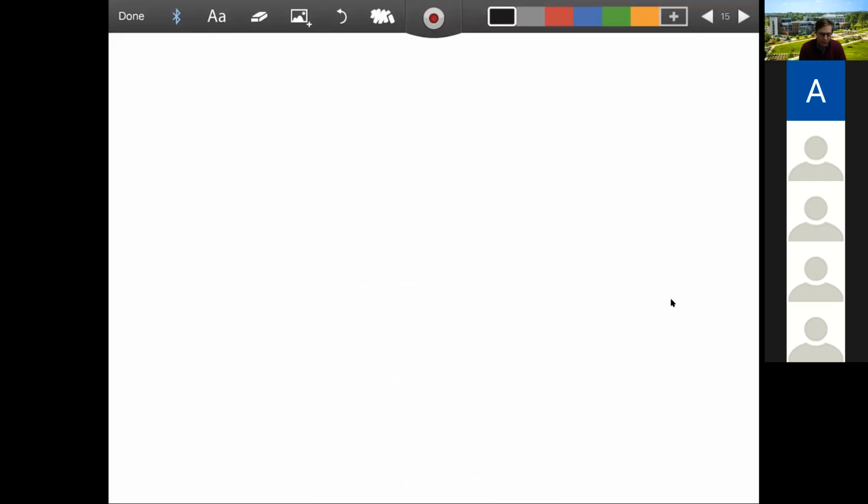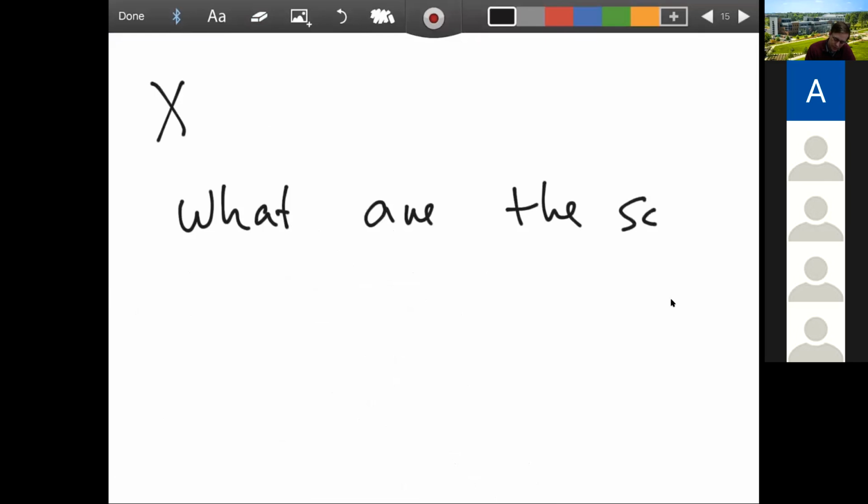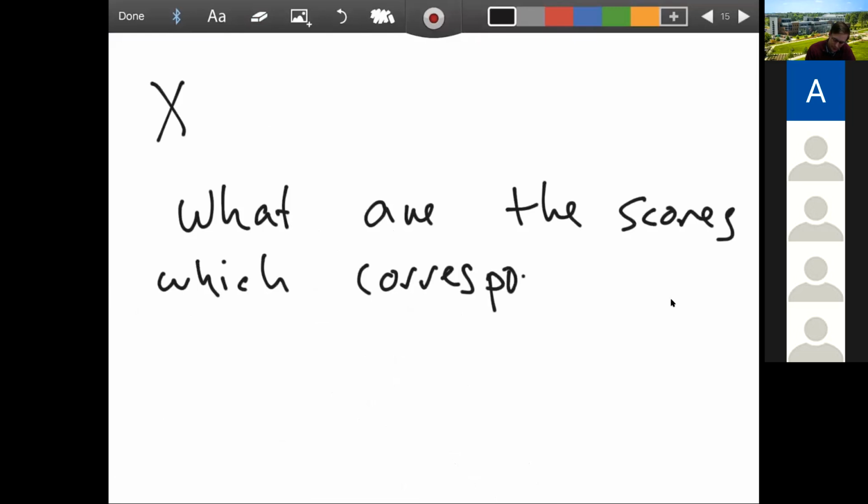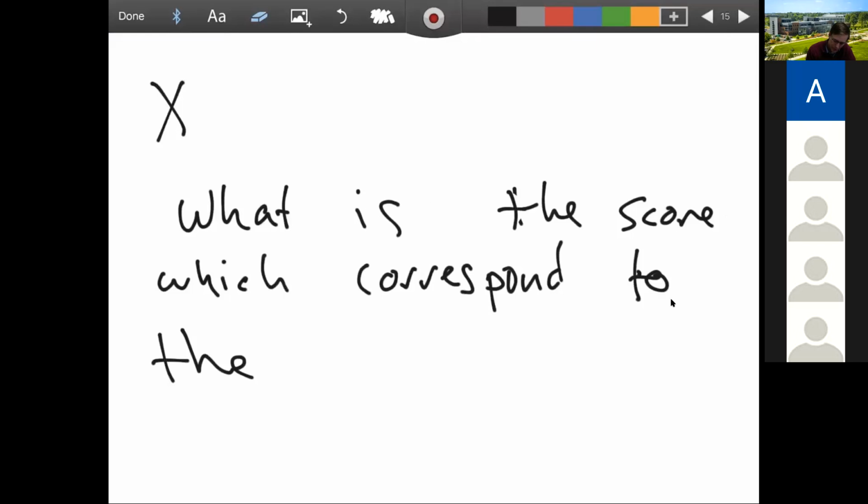If you wanted to find the X but you had the Z, the question would be, what is the score that corresponds to the 90th percentile?